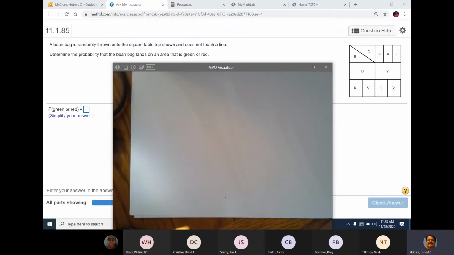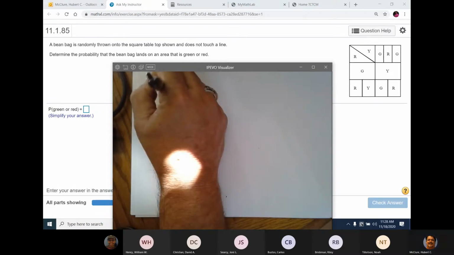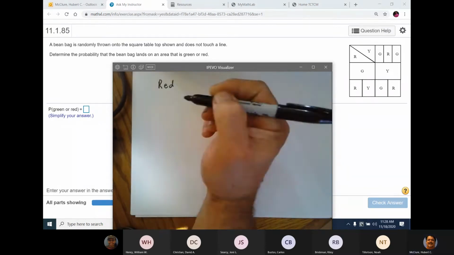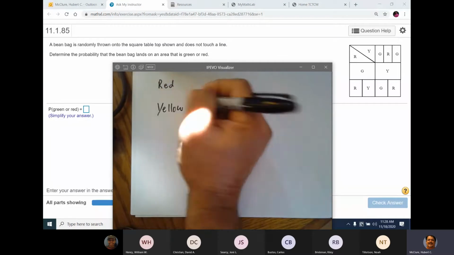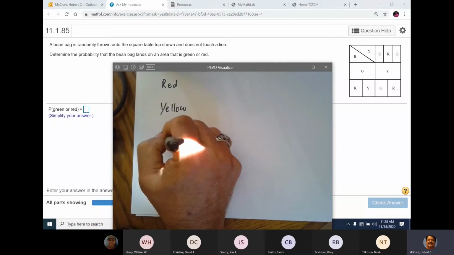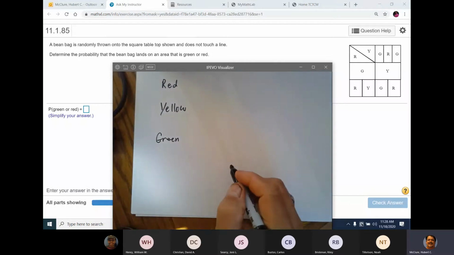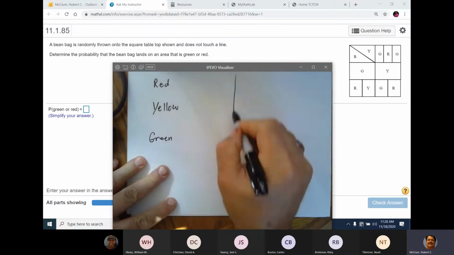How many different colors are there? It looks like there's 3 colors: red, yellow, and green. Now, you can actually divide each one of these up, and I'm going to draw this out so you can see it.